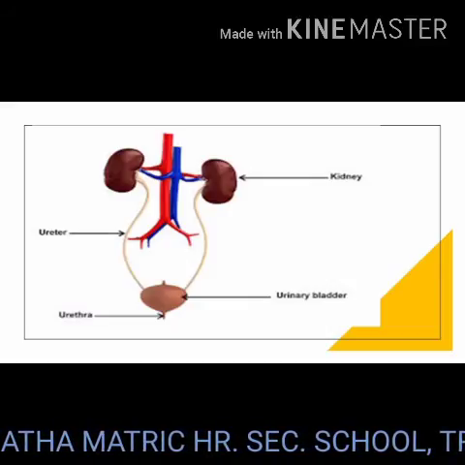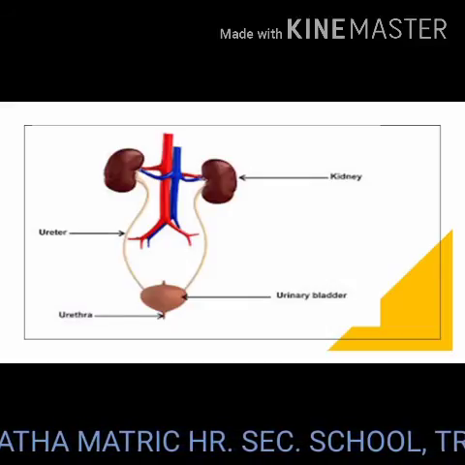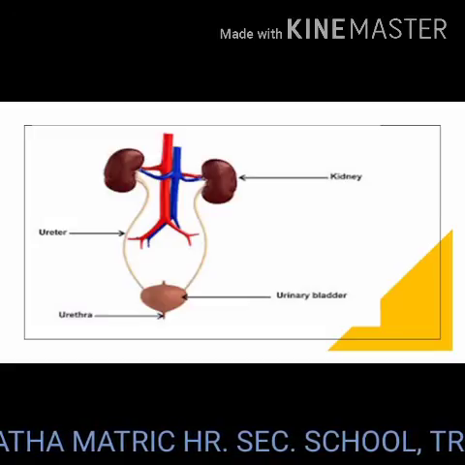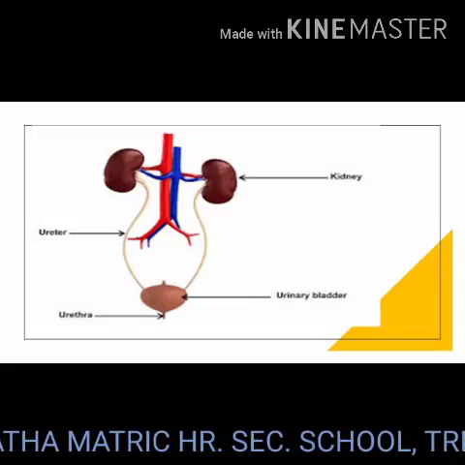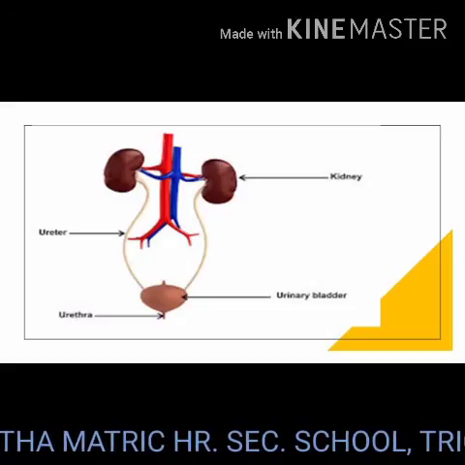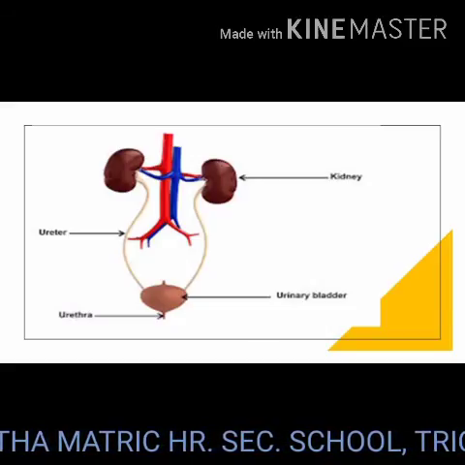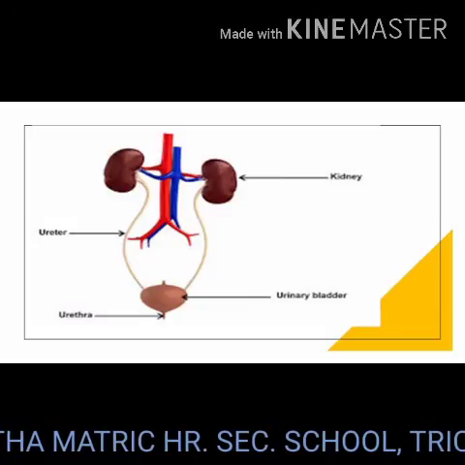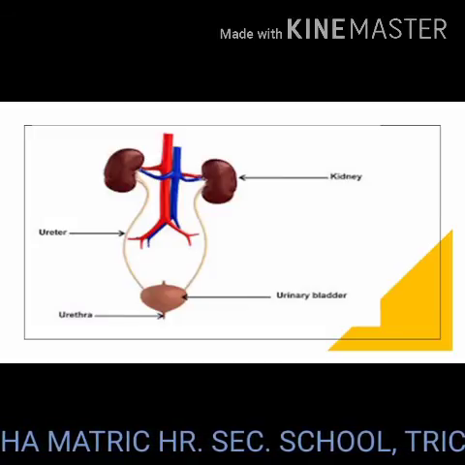If the waste products are accumulated and not eliminated, they become harmful and poisonous to the body. Hence, excretion plays an important role in maintaining the homeostatic condition of the body.